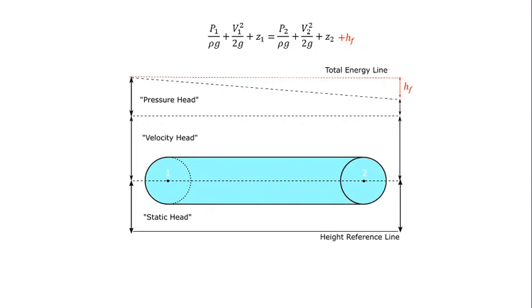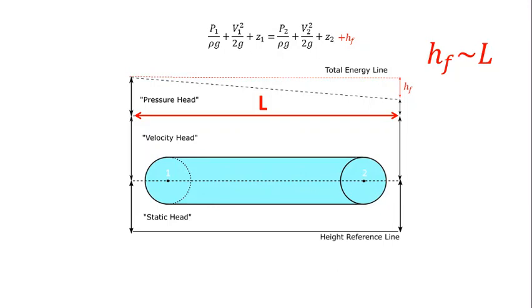It's also important to notice this head loss varies linearly along the pipe, simply letting us know that the longer the length of pipe the fluid travels along, the greater the head loss. This gives us our first important relationship, that frictional head loss caused by a pipe is proportional to length.